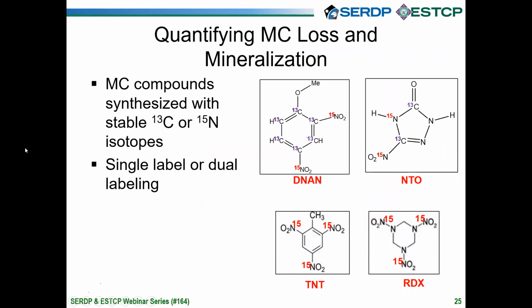The way this works is that we first have these parent compounds synthesized where we substitute what I'm going to call normal carbon or nitrogen atoms, so C12 or N14 atoms, with their enriched isotopic counterparts. DNAN, for instance, could be synthesized with C13 being used to form the aromatic ring.